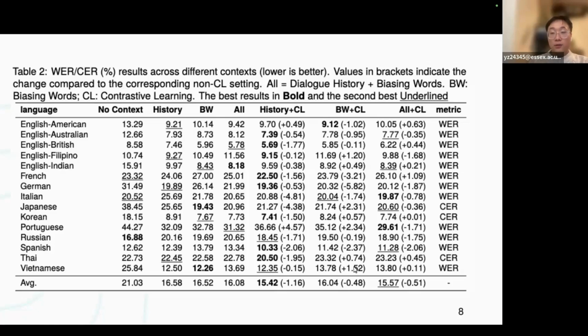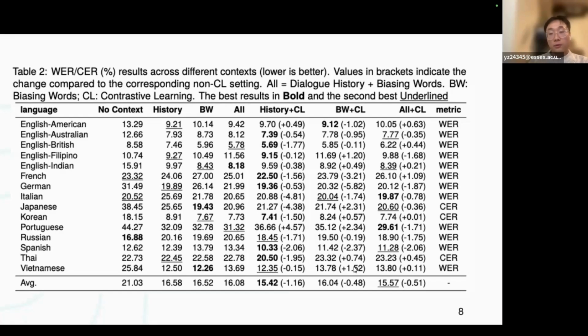But surprisingly, it's not. The best result is generated by the history with contrastive learning, followed by the all-context with contrastive learning. And the biasing words with contrastive learning give us relatively worse results in the contrastive learning settings.